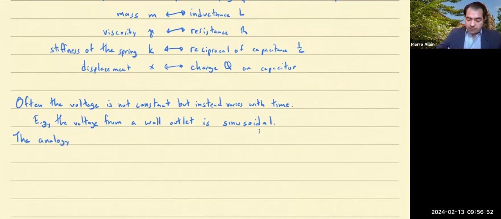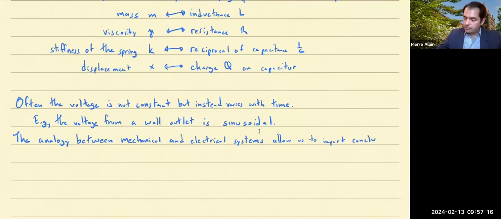So the analogy between mechanical and electrical systems allows us to import conclusions from there to here.